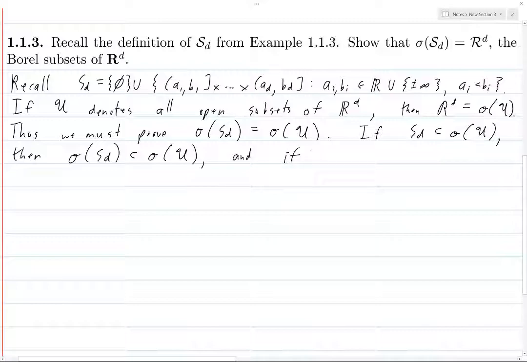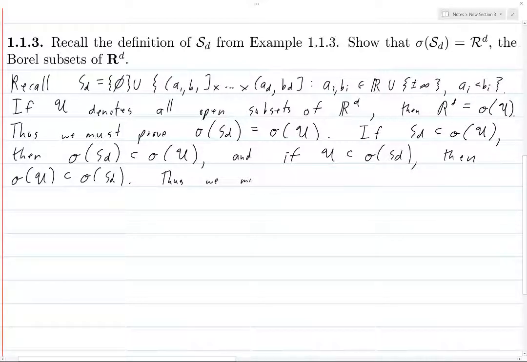And likewise, if U is contained in the sigma field generated by S_D, then the sigma field generated by U is contained in the sigma field generated by S_D.